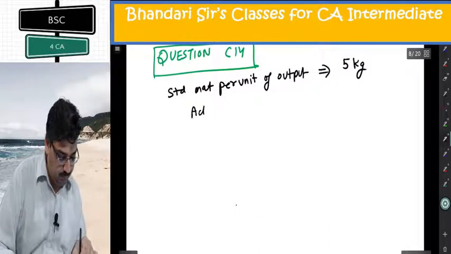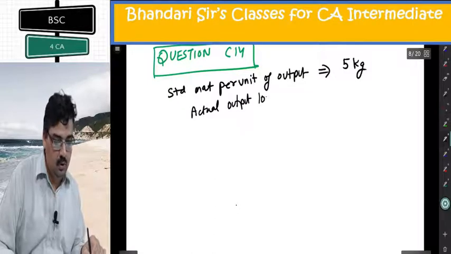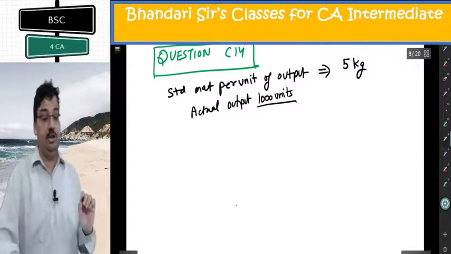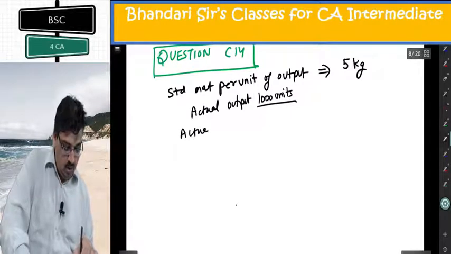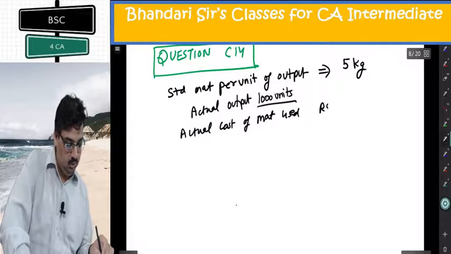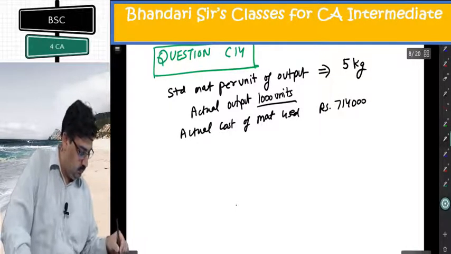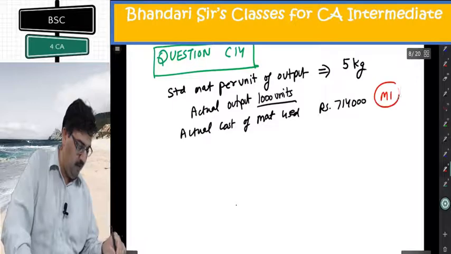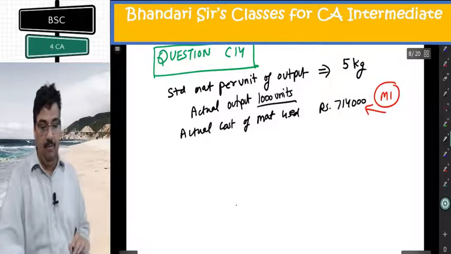Actual output 1000 units. Actual output is in units, not in kg. Actual cost of material used 7,14,000. This is what M1 given. So one step is directly given, M1.